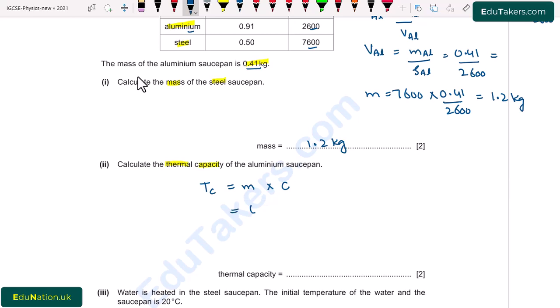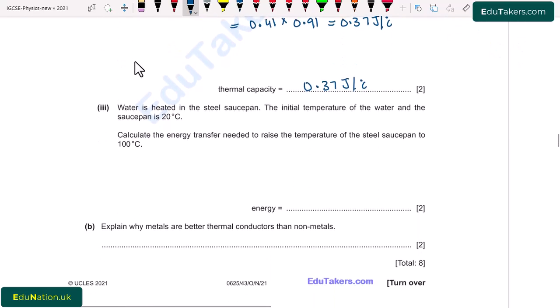It will be 0.41 multiplied by 0.91, the specific heat capacity of aluminium, and it comes to be 0.37 joule per degree C. So thermal capacity will be equal to 0.37 joule per degree C. Next, part 3.